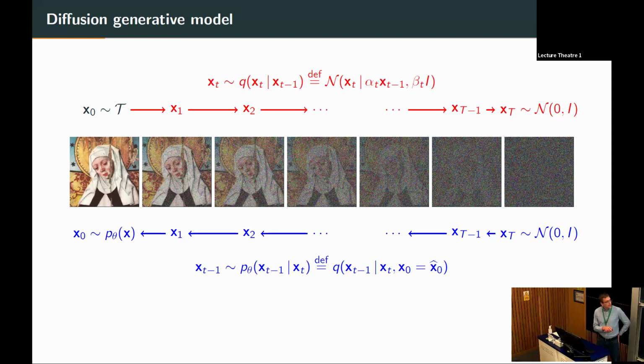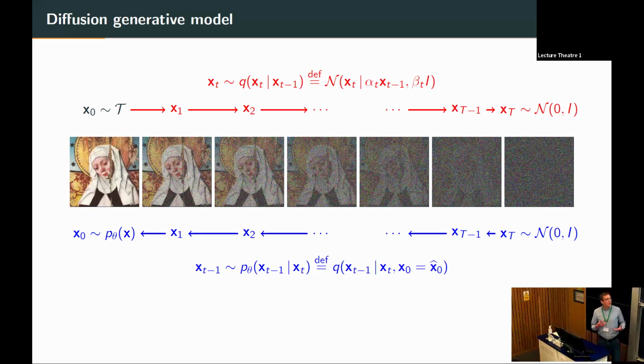This thing we can compute. It's just a Gaussian bridge between 0 and xt. We don't know x0, of course, so what we do instead is that we plug in some estimate of x0 in this expression for the conditional, and that estimate is obtained using a neural network.